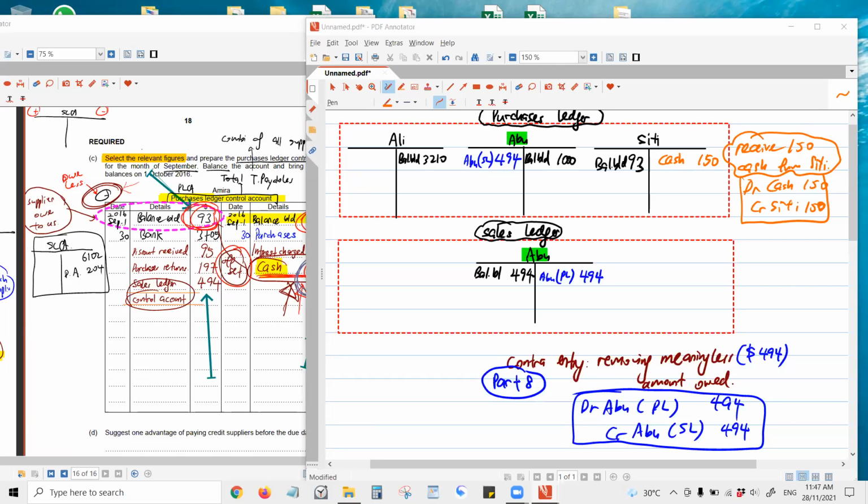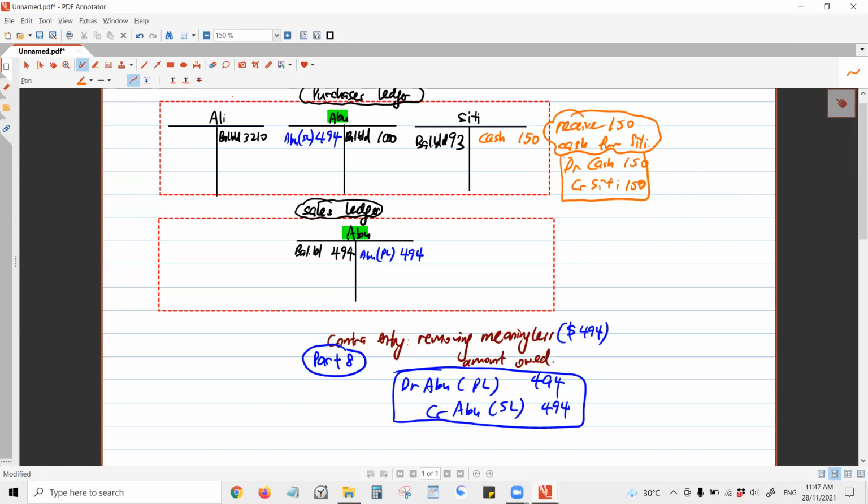Purchase ledger control account is the combination of all the suppliers' accounts into one single account. Let me do it. This is a purchases ledger control account. So I should combine, right? On the debit side, I have 93, balance BD.